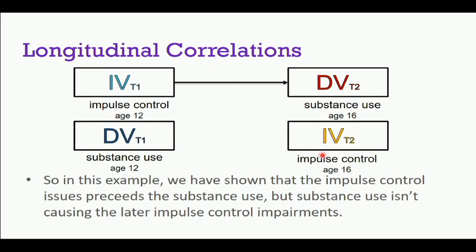So in this example, we've shown that impulse control issues precede the substance use. So we weren't using drugs then, but we had an impulse control disorder. We are using drugs now, and we've still got the impulse control disorder, but it preceded, therefore, we really have established temporal precedence. So substance use isn't causing the later impulse control impairment.